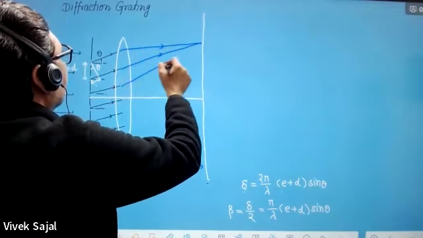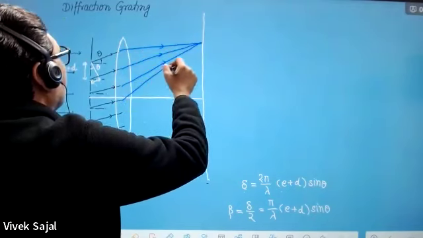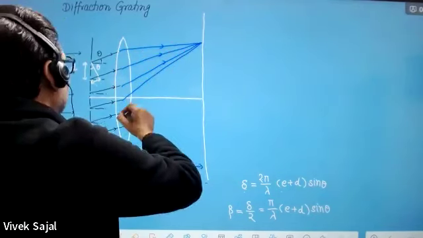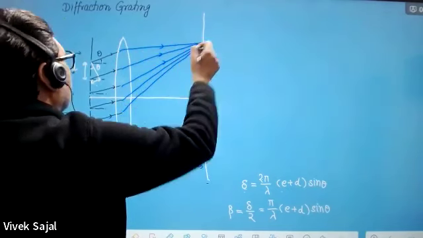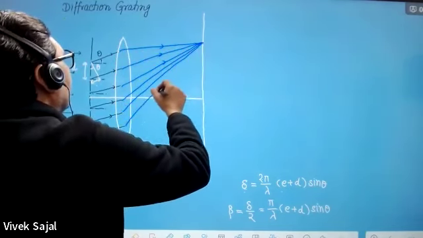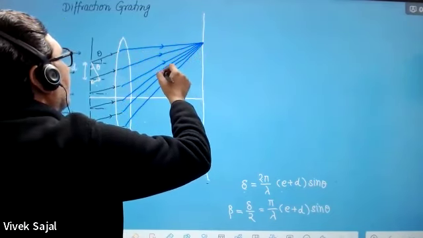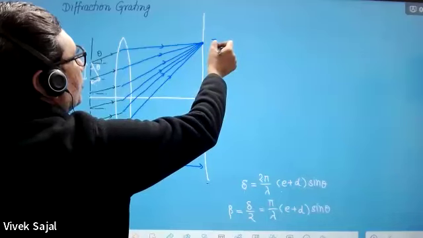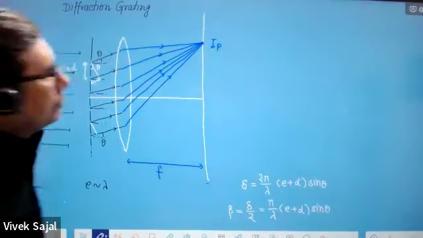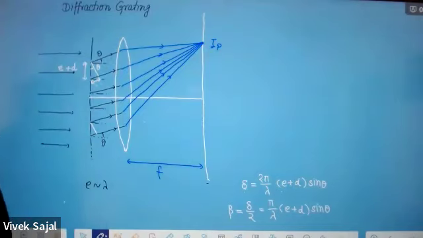And they are going to interfere, they will superpose here, and we will find the resultant intensity as a result of interference. Here n number of waves are interfering. So what will be the intensity at this point P? Now you are going to tell me what will be the intensity at this point P.